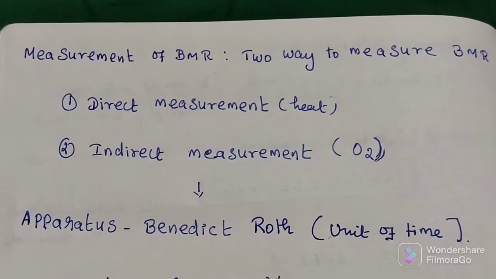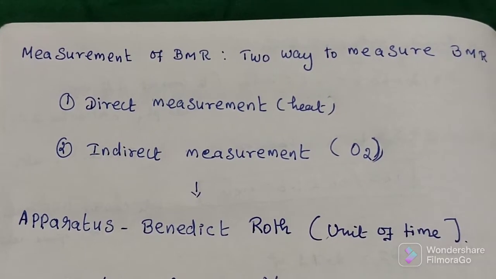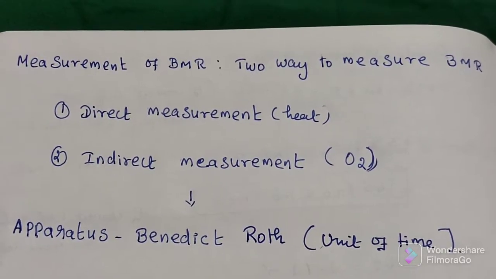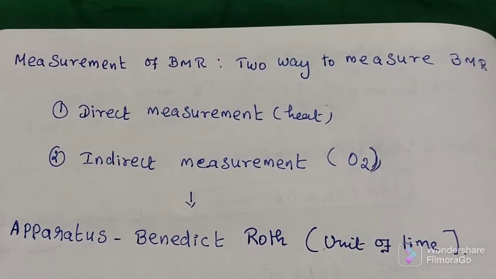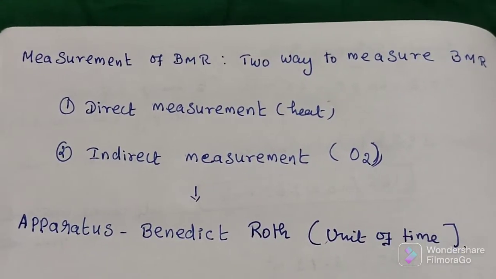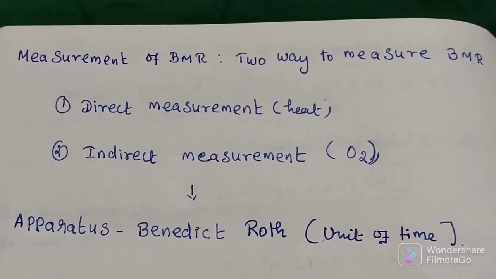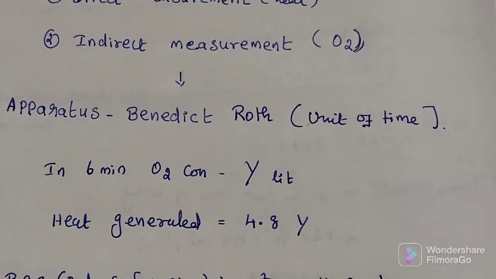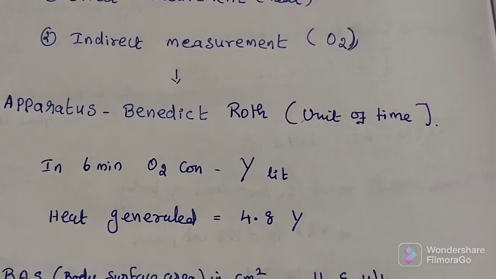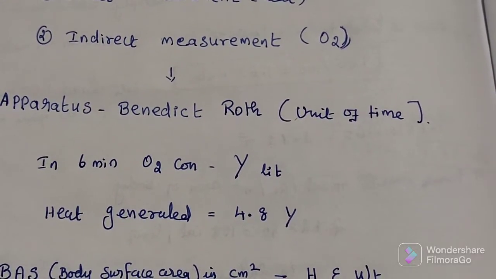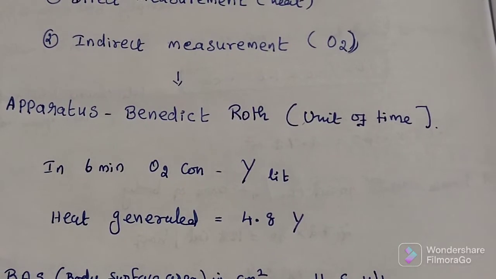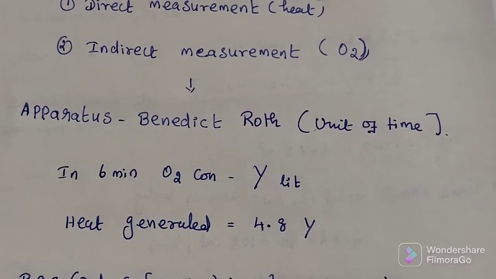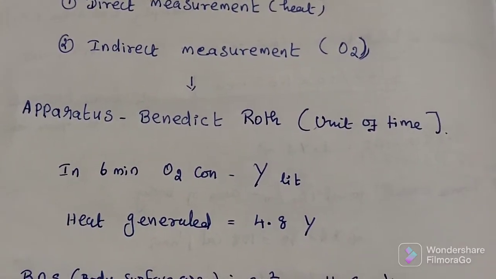This is a closed circuit device. With this apparatus, oxygen consumption is measured per unit time, for the patient over a 2 to 6 minute period under basal condition. If in 6 minutes oxygen consumption is Y liters, then heat generated is equal to 4.8 Y. Y means liters of oxygen consumed, and 4.8 is the calorific value of oxygen.